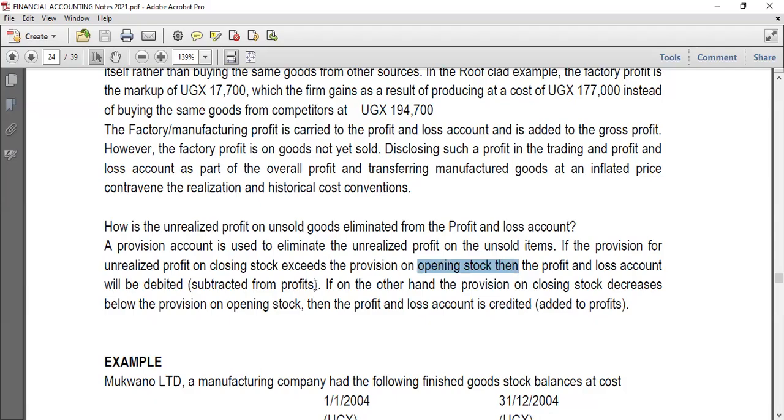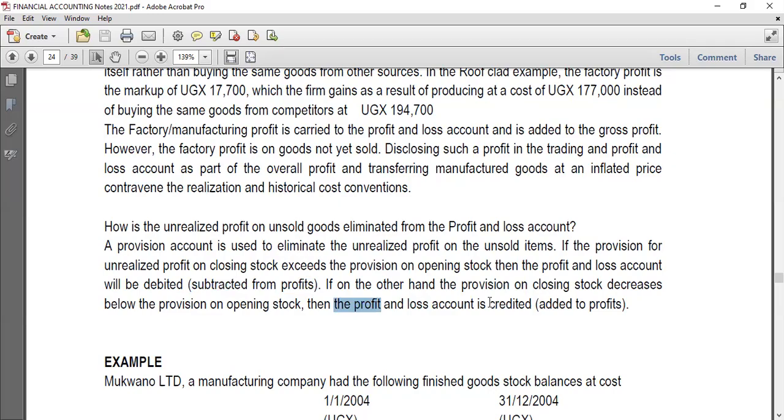Then they are saying we should deduct this from our profits. On the other hand, if the provision on the closing stock decreases below the provision on the opening stock, then there the profit and loss account should be credited. And this is a simple thing.